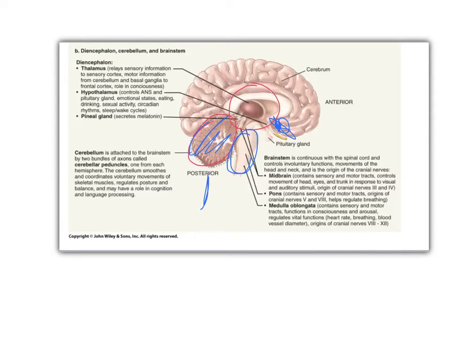So if you're going to go in order of importance, the brainstem is what gives you life. The diencephalon gives you the ability to live, reproduce, be alive, and then in the back part of your brain, the cerebellum keeps you able to stand up and not run into things and accidentally get yourself in trouble. And then everything on the outside gives you kind of the experience of life.